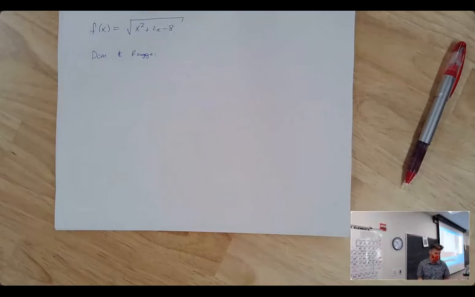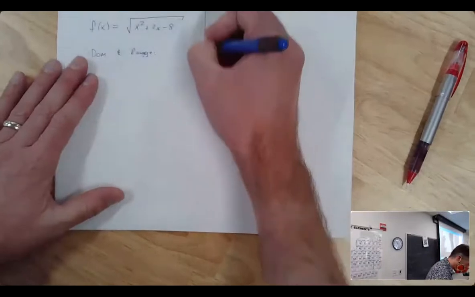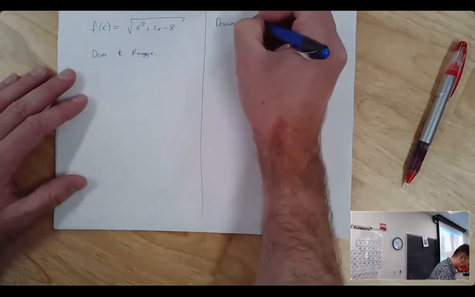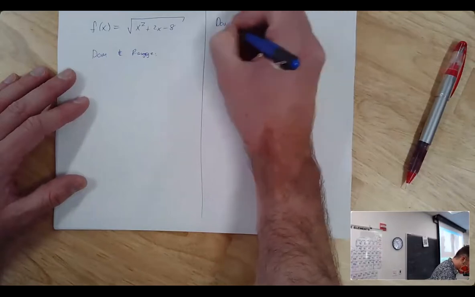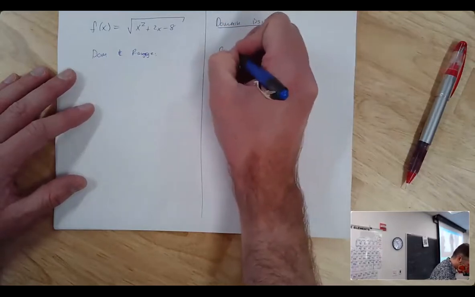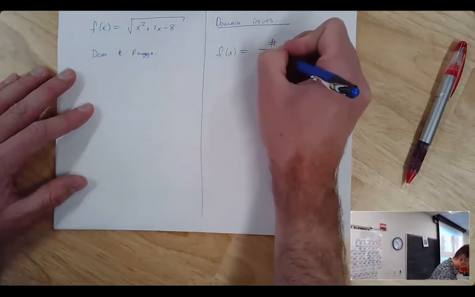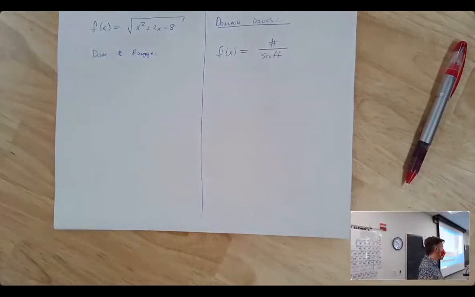So just as a real quick thing here, here are the usual domain issues. If your function has division by some stuff, we don't want that stuff to equal 0.